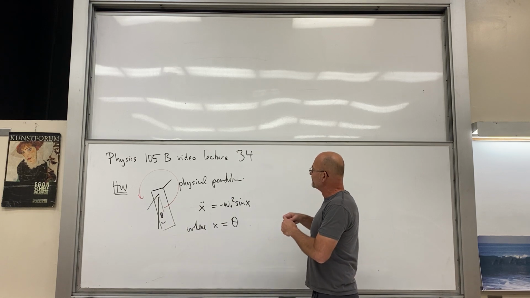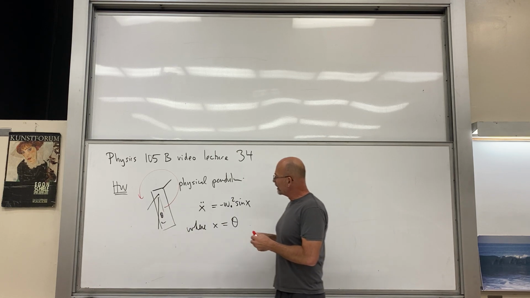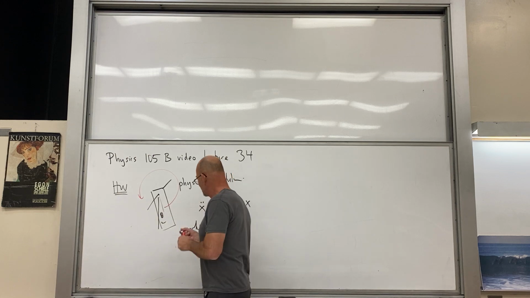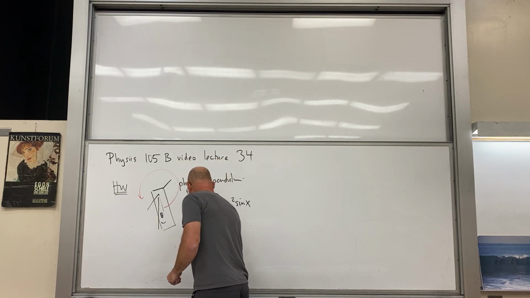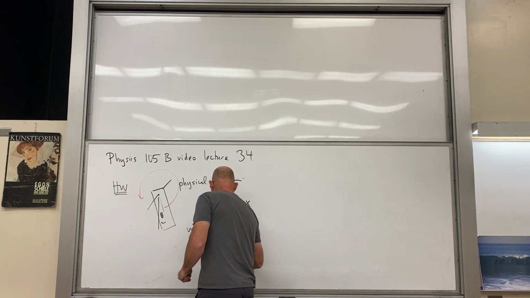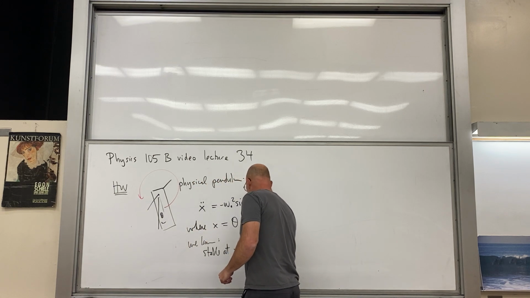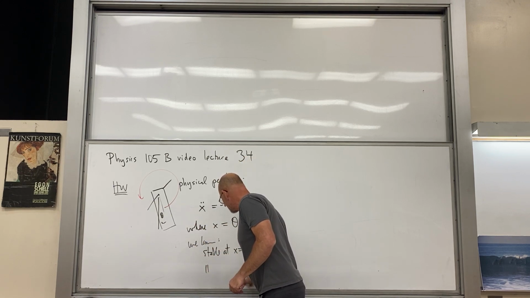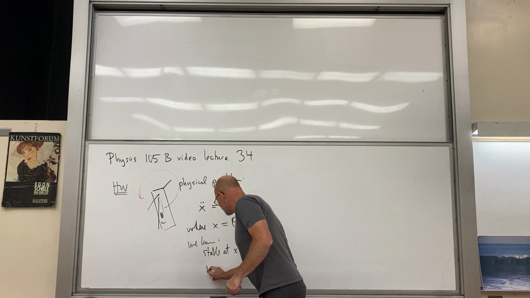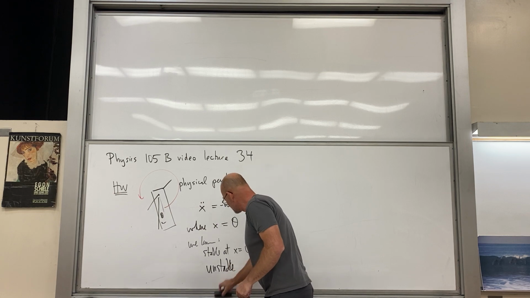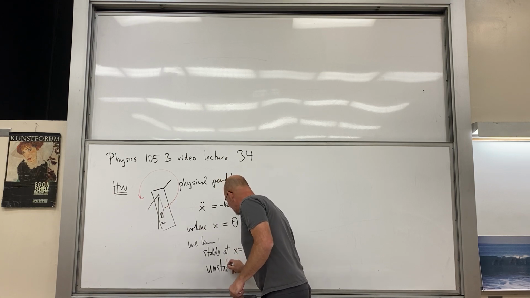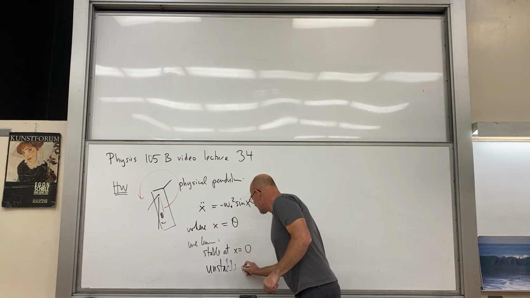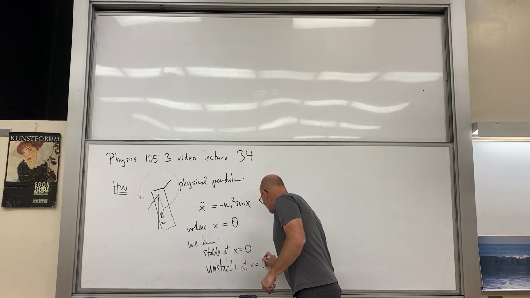So for that reason, we know it is stable at x equals 0, and of course if it's standing on its head, unstable at x equals pi.